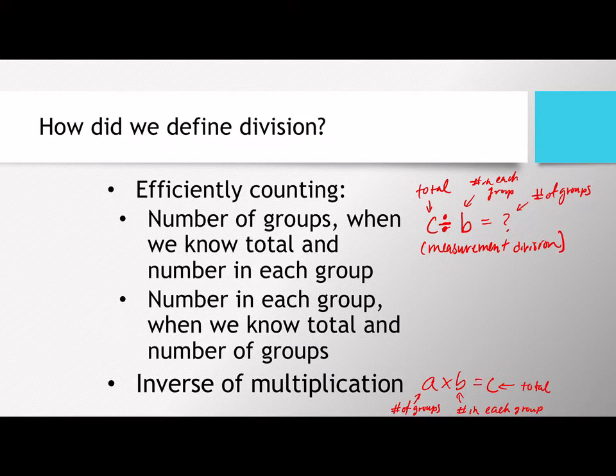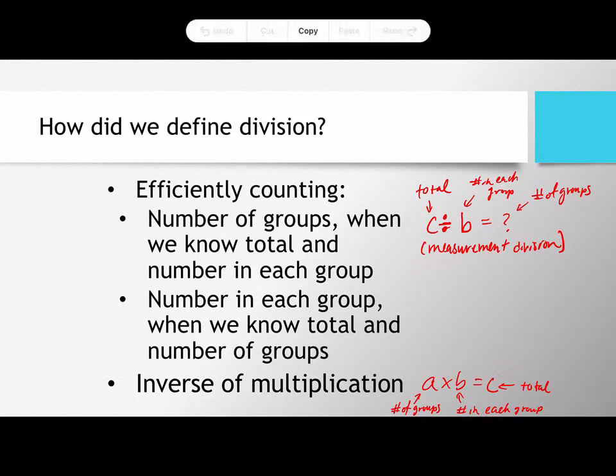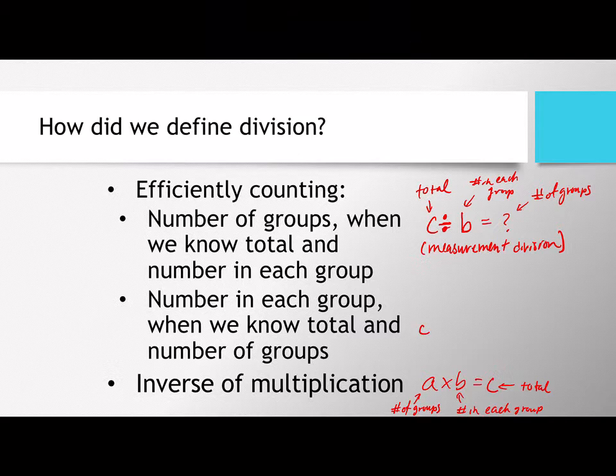Okay, when we have the total, and we know the number of groups, which is A, we are going to get the number in each group, which we don't know.